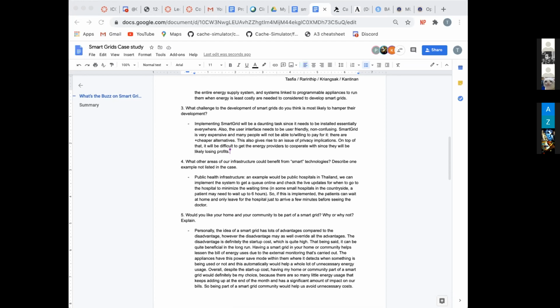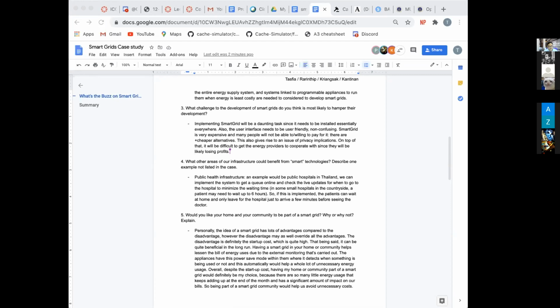It's really expensive. And the next thing is, in a document it says that the energy suppliers might not really want to cooperate, because when you do that, it means that they can also monitor their usage and cut out unnecessary electricity usage, so the company would lose more profits.